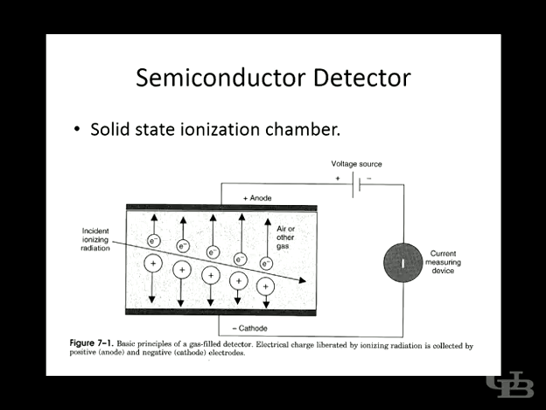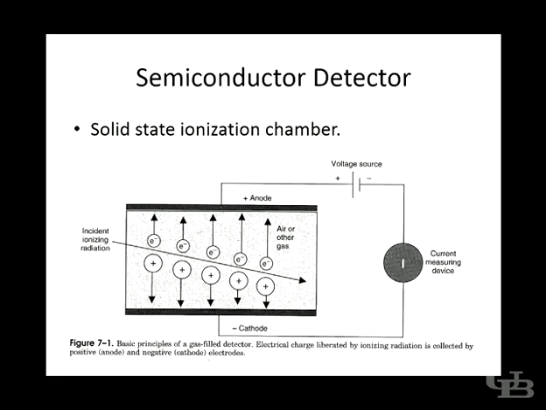For the semiconductor detector, we just replace that chamber with a semiconductor. Semiconductor means there are available charge carriers, those electrons. They can move with limited mobility.